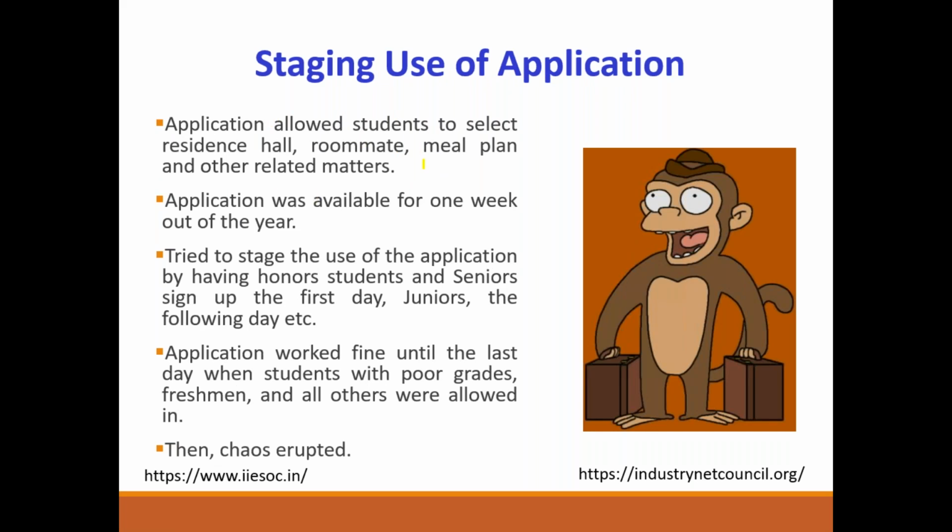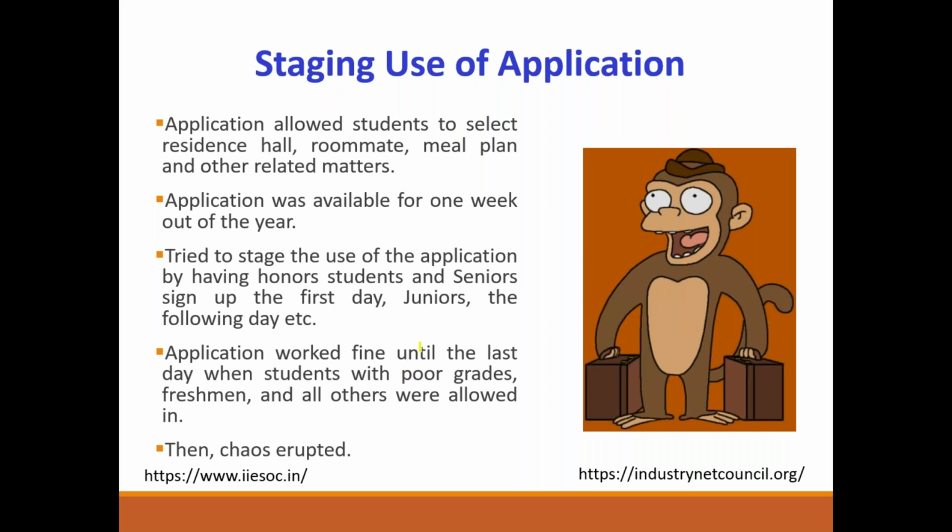They had done a few things themselves. The application let students select a roommate and the dorm they wanted to live in, and it's only available for 1 week out of the year. So the first thing they tried is, the first day, only the honors students can come in. The next day, the seniors, then the juniors, and so on.